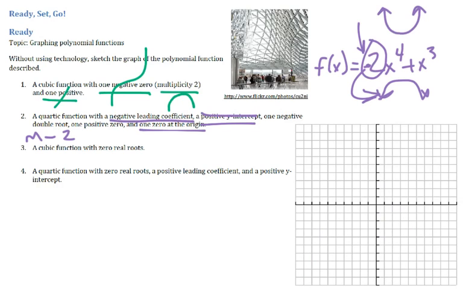So, number 3, a cubic function with 0 real roots. Okay. So, real roots are the ones that we see crossing. Okay. If you have a function that never crosses, then they're called imaginary roots. Okay, and we've kind of talked about them, that negative square root. The problem with this one, I'm not liking this 3.7, the notes we did in class or the homework.